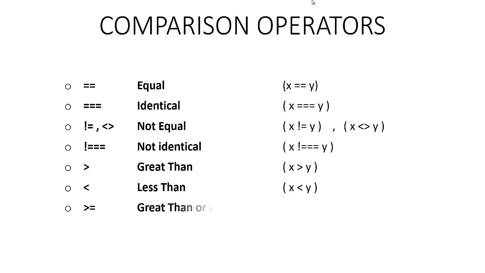And then there is greater than or equal to. The previous two only check if the value is greater or less. But what if you want to check a condition where you have greater or equal? You will have a lot of conditions where you have to check for greater than or equal to.